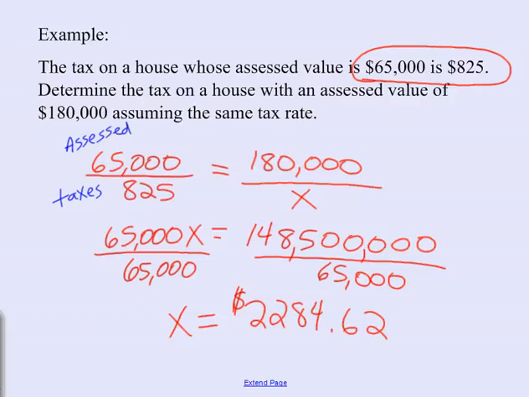Now, applying some common sense, some estimation, some logic, we can conclude that this is a good answer because it has a higher tax amount corresponding with the higher assessed value of the house.